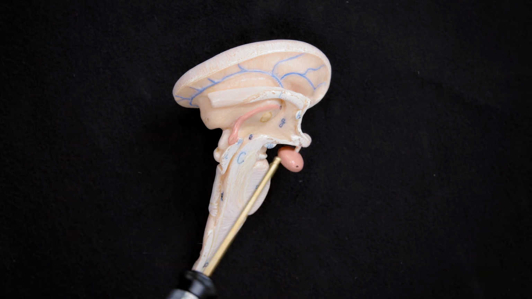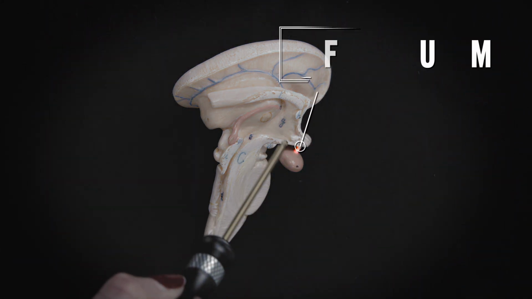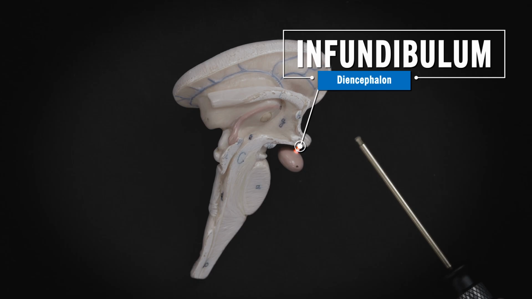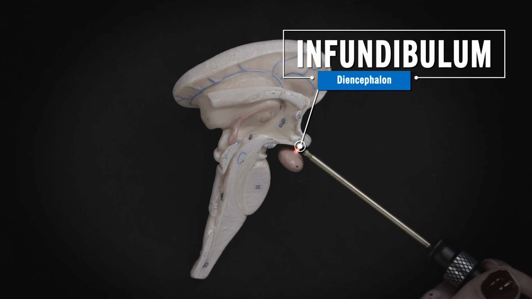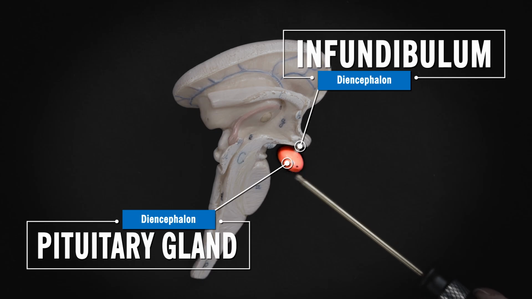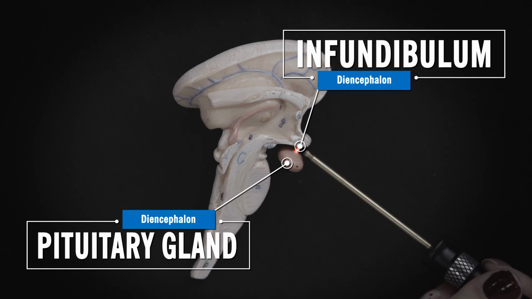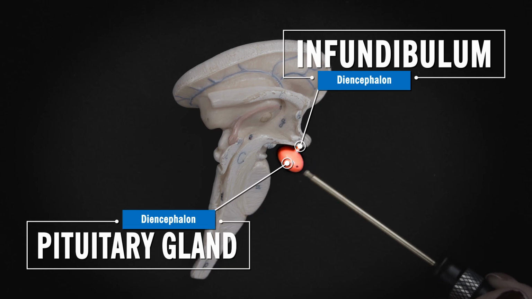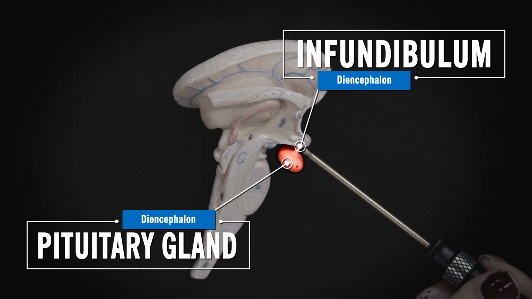So again, headed anterior and inferior from the hypothalamus, we have the infundibulum. That's this portion here, which then leads to the pituitary gland. So we have the pituitary gland and the infundibulum. I like to remember this as if the bird is carrying a cherry, the pituitary gland being the cherry, and the stem of the cherry being the infundibulum.